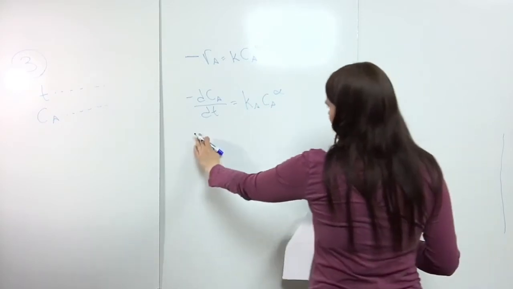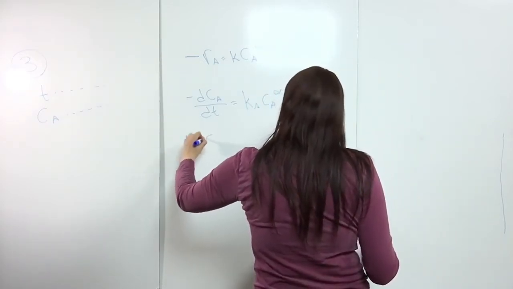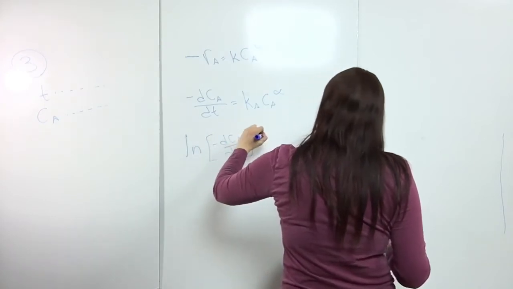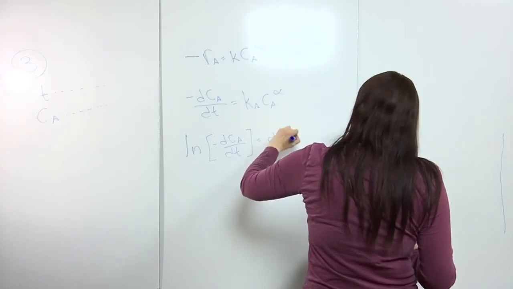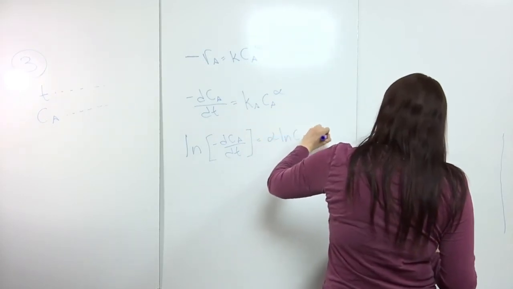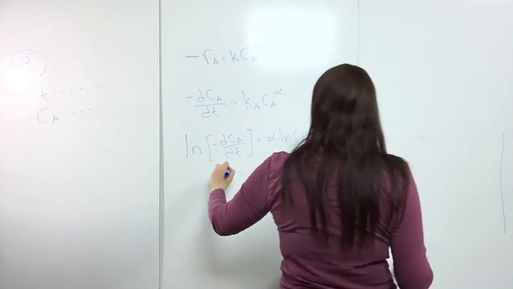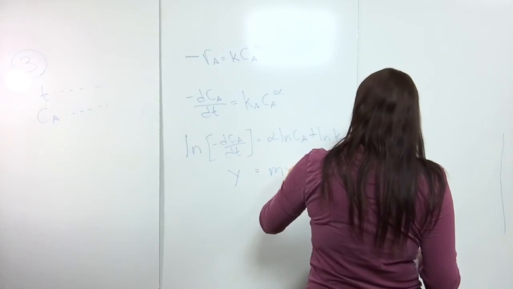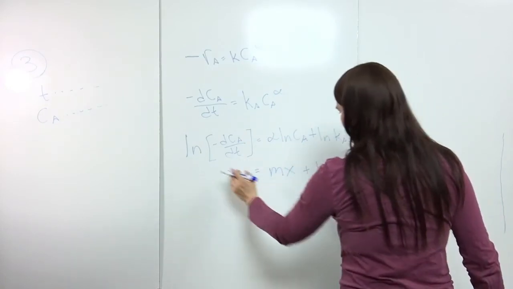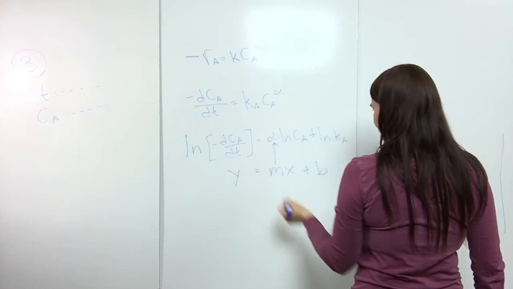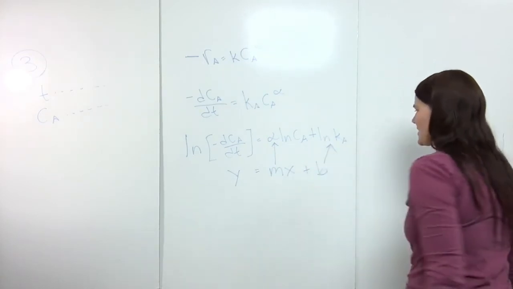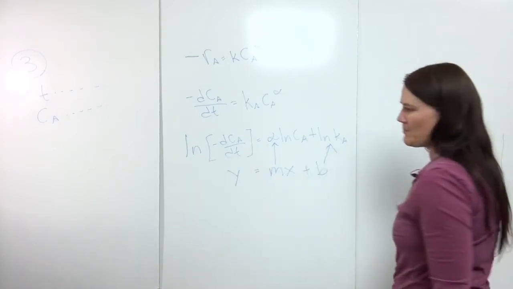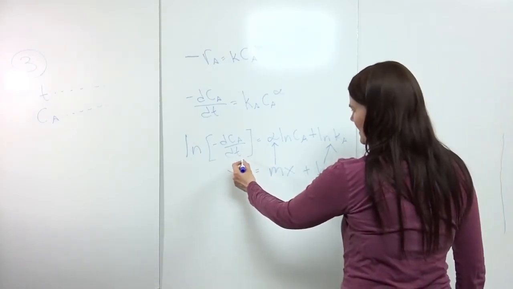And then you take the natural log of this, so natural log of minus dCa dt is equal to alpha ln of Ca plus ln K. So then this is comparable to a line. You have y equals mx plus b. So this is why your slope is alpha and b is the natural log of K.